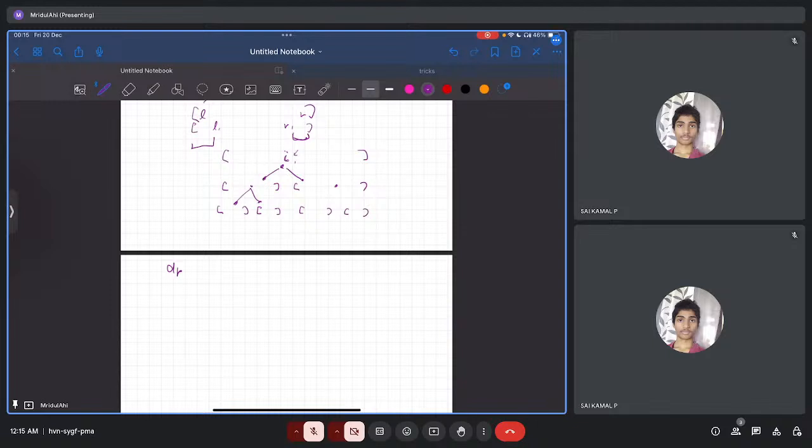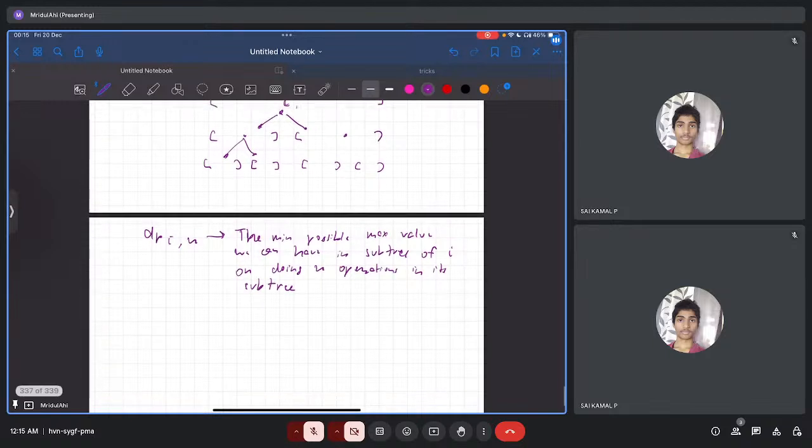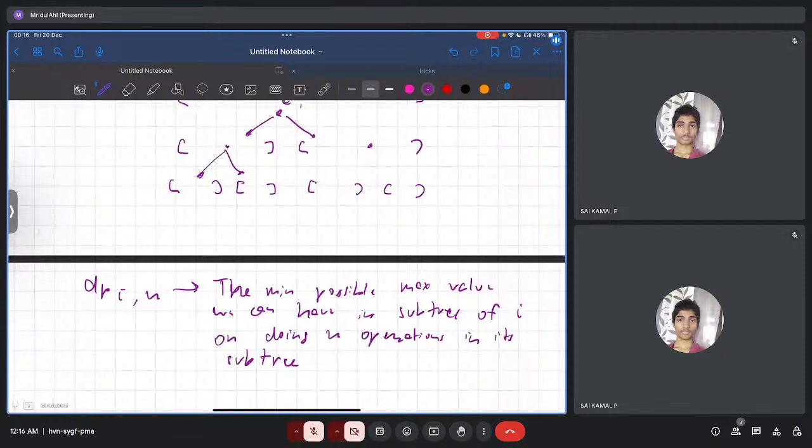So we let dp of I comma x denote the minimum possible max value we can have in the range denoted by the subtree of I on doing x operations in its subtree.